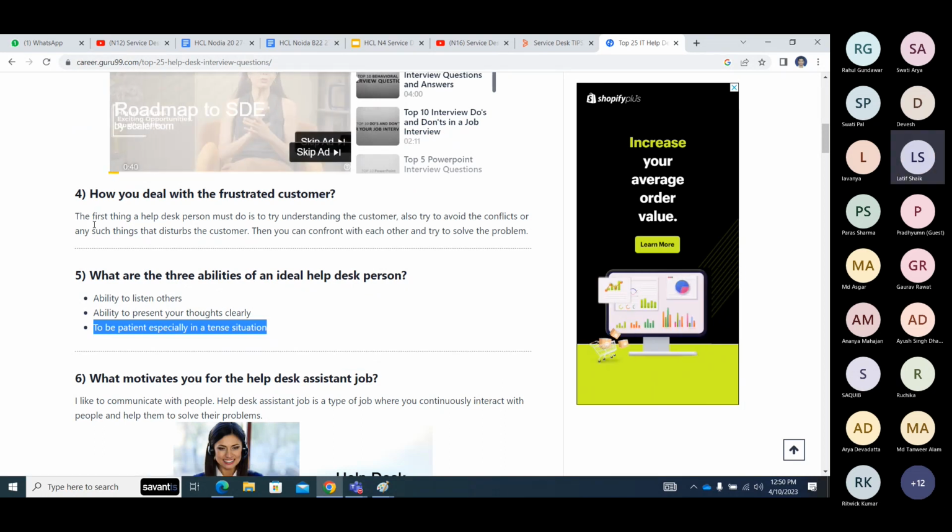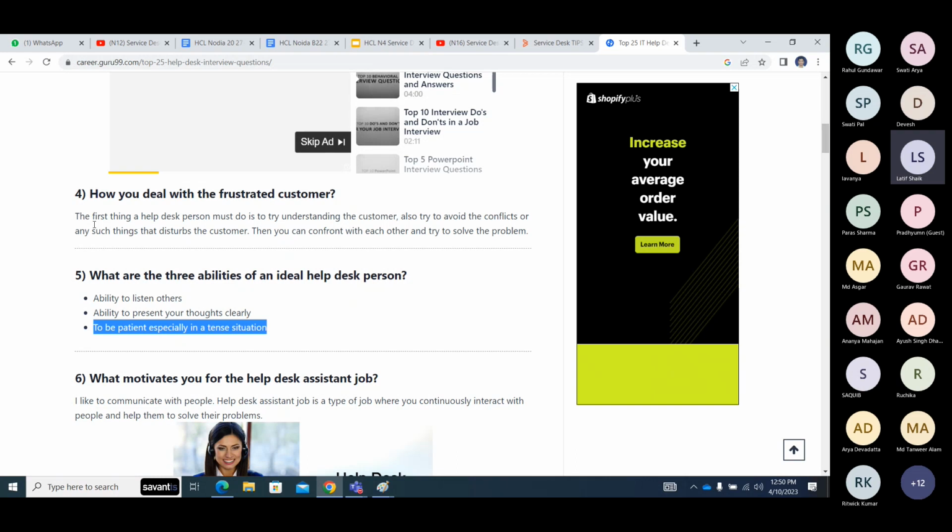So I'm a service desk analyst or a help desk person. A customer, user or client is requesting or reporting an issue, and you have to understand what it is. For example, the customer says, I'm not getting internet, I'm not getting connected, or an application is not installing or not opening.